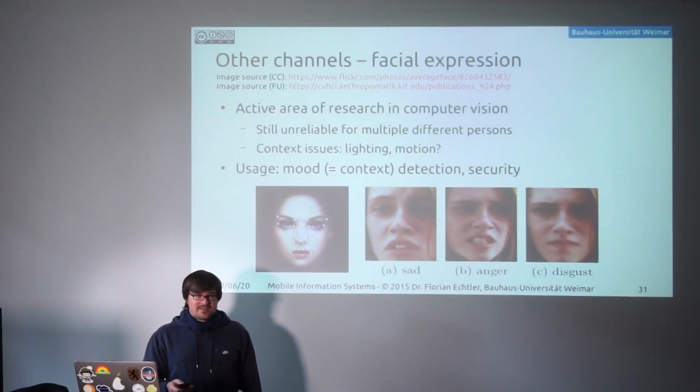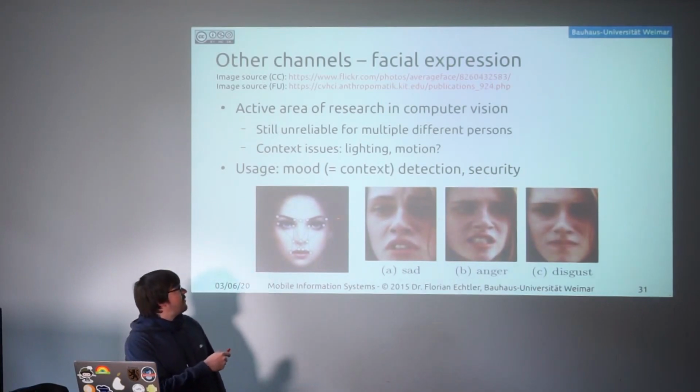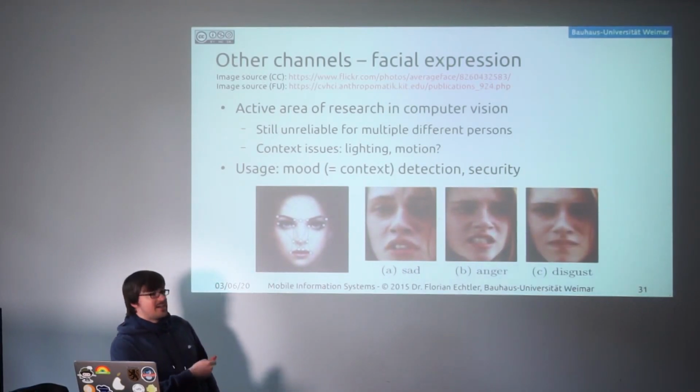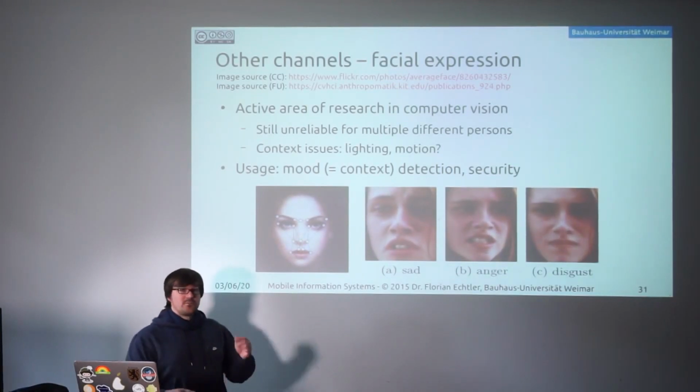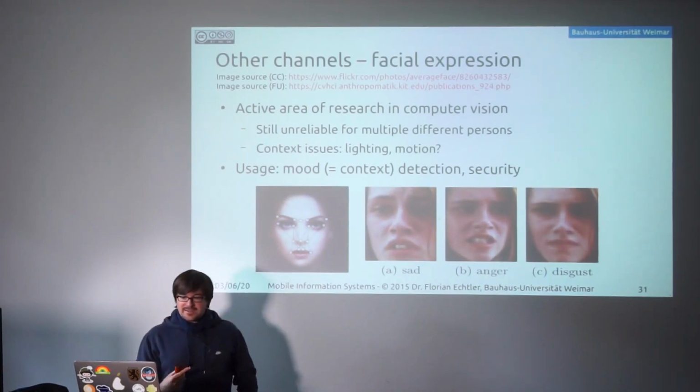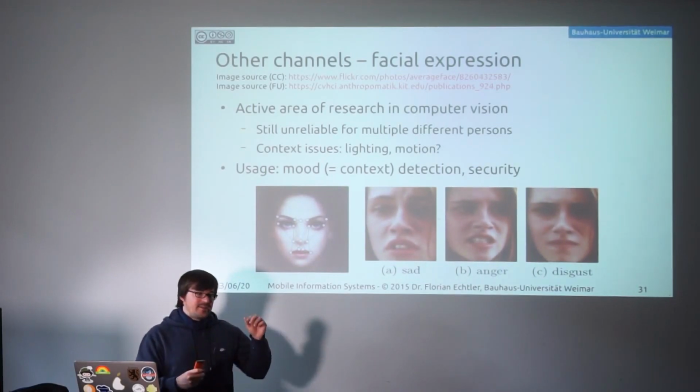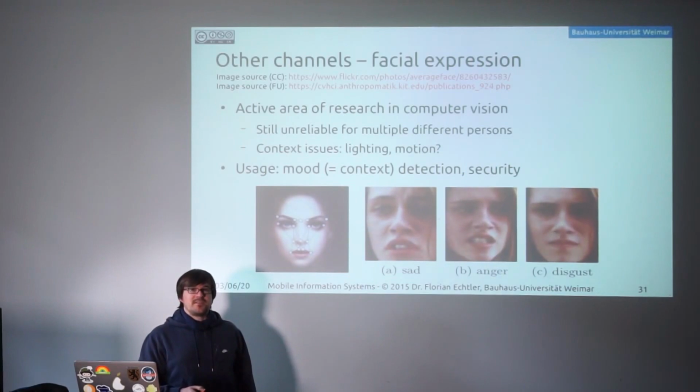And the way this generally works is that we have a computer vision algorithm, again often the CNN, to detect these kind of feature points, so the corners of the eyes and the tip of the nose and the corners of your mouth and so on. And then from looking at the relation between the distances, for example, you can kind of infer different facial expressions and then map those to moods.